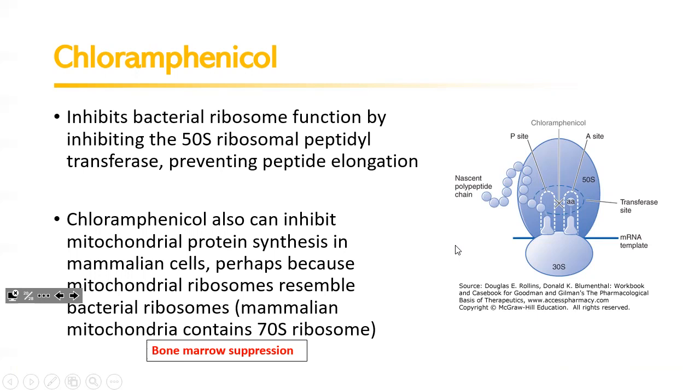So maybe the mitochondria share similarities with the bacterial ribosome as well as the human ribosome. That's why chloramphenicol hits the mitochondria, and all of the adverse effects that we are seeing with chloramphenicol come from this idea of inhibiting the mitochondrial ribosome.